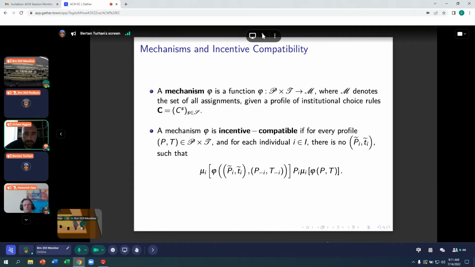As I said before, a declaration of eligibility is optional. And a mechanism is incentive compatible if for any student, submitting actual preference over institutions along with declaring all eligible reserve memberships must be a weakly dominant strategy.